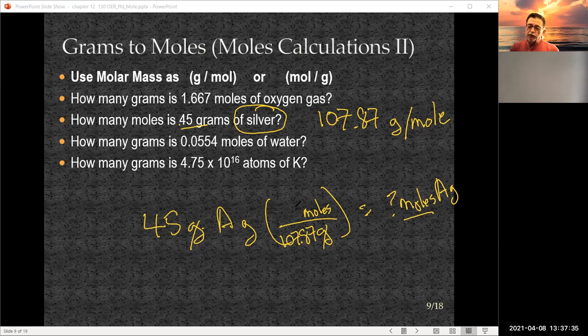But atomic weight is normally just the single element. So the atomic weight of silver is 107.87 for 1. My units look good. So I take 45 and divide it by 107.87, and that will give me the number of moles of silver.